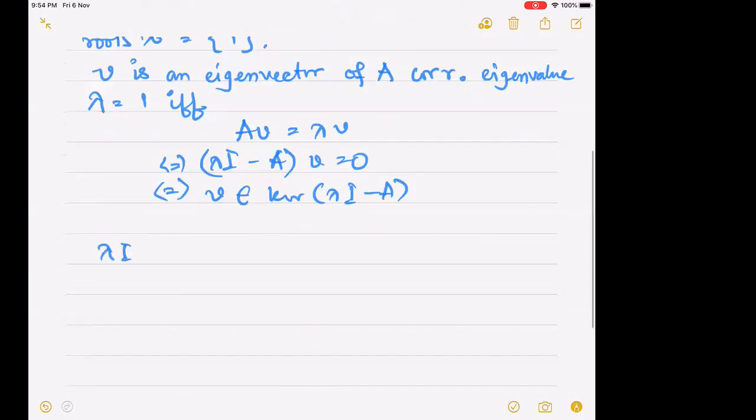Lambda I minus A is going to be 1 times identity minus A, because 1 is the eigenvalue.